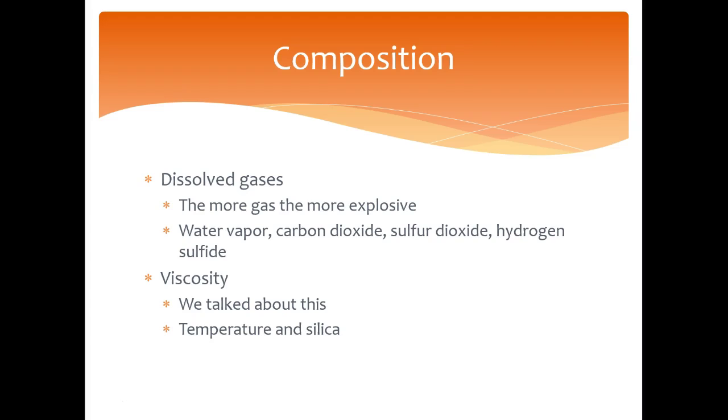So when you open it, you might not hear the sound of the bubbles leaking out. Or even if you shake it, maybe you only get a little bit of fizz. Whereas if I have a fresh bottle of pop, if I shake it up, it's going to explode when I open it. So the types of gases that are in the lava or the magma are water vapor, carbon dioxide, hydrogen sulfide, and sulfur dioxide. That stuff can get pretty yucky.